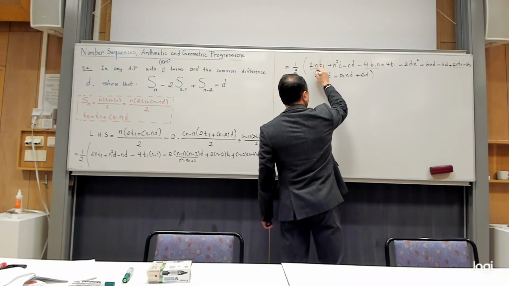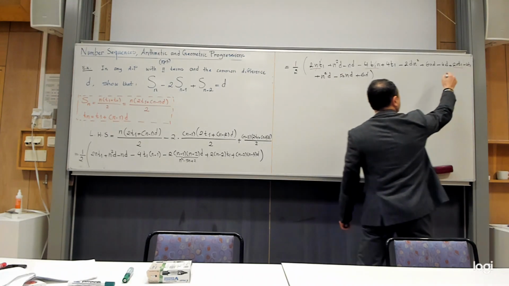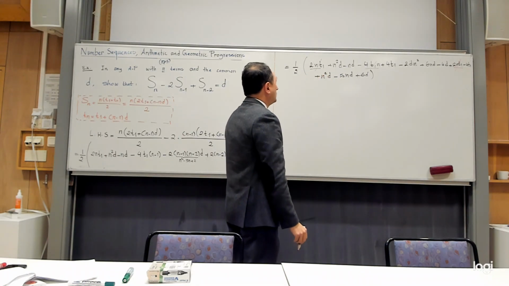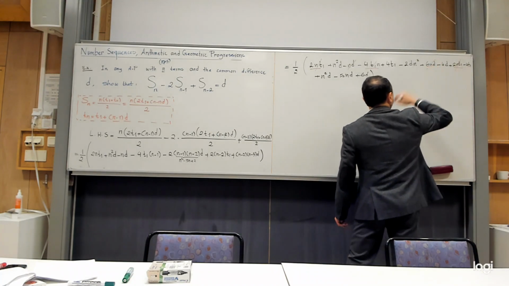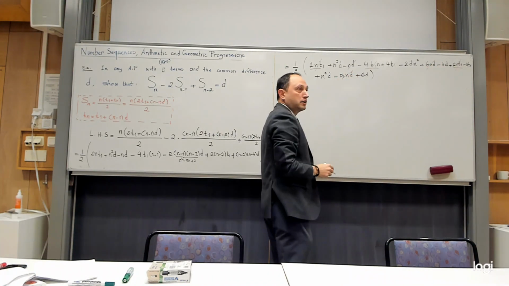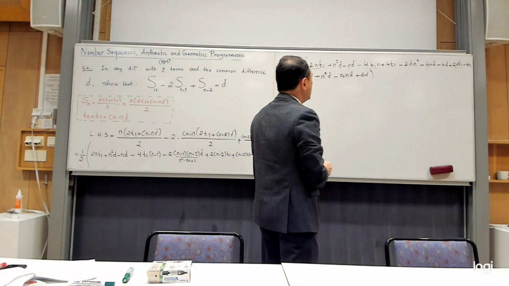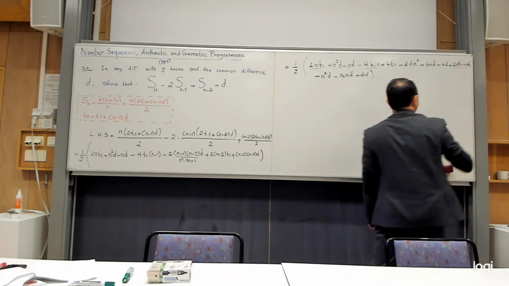So this one and this one, minus 2t1n, positive 2t1n, are gone. What more? So minus nd, positive 6nd is positive 5nd, minus 5nd are gone. And then what about this t? Okay, that's good. This 4t1 and minus 4t1 are gone.